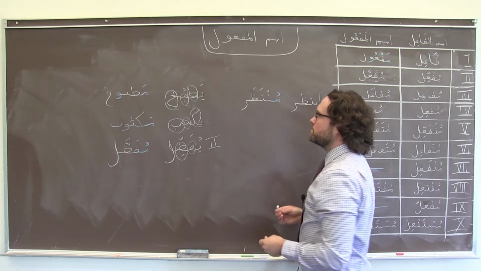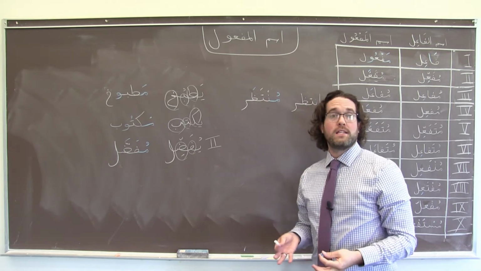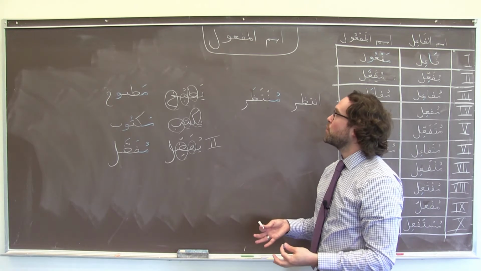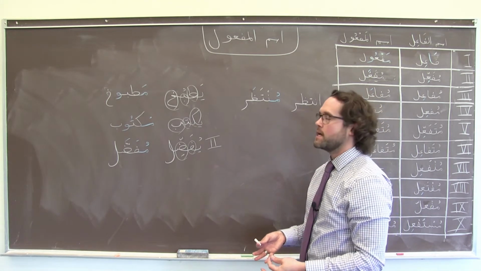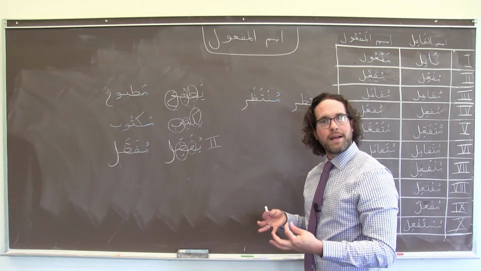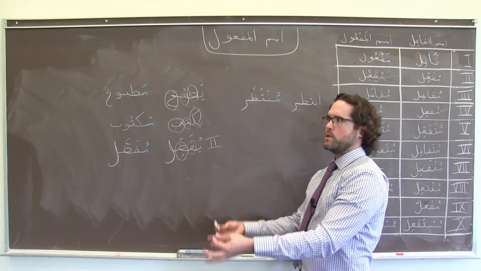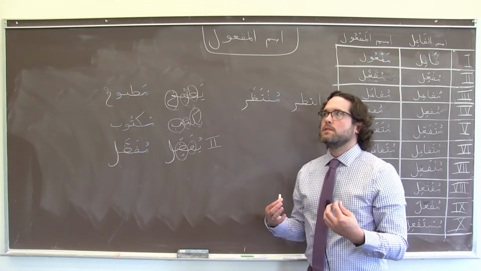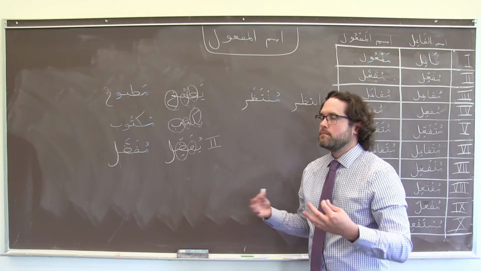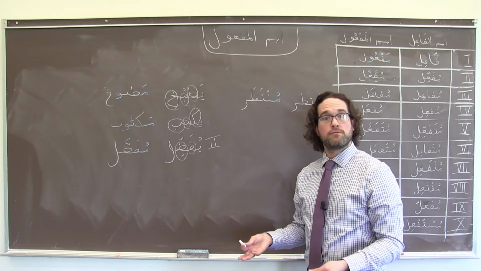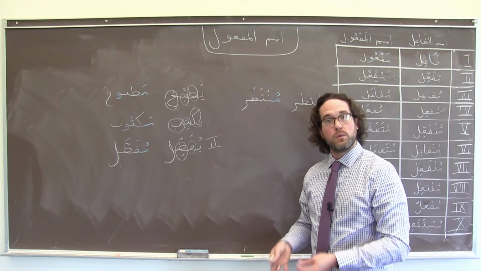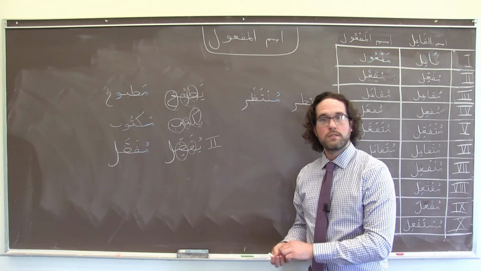And muntadhar kind of means awaited, or perhaps in English in most contexts, a more elegant usual way would be to say expected or anticipated. So if we're awaiting results of a test, or awaiting a response from an individual or something, muntadhar might be an adjective that we could apply in those situations.